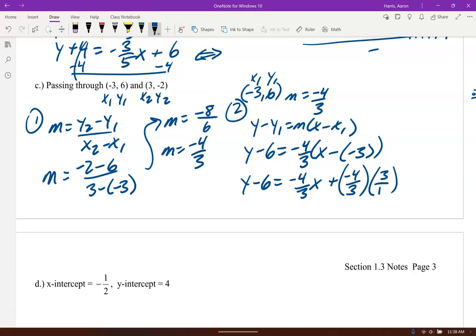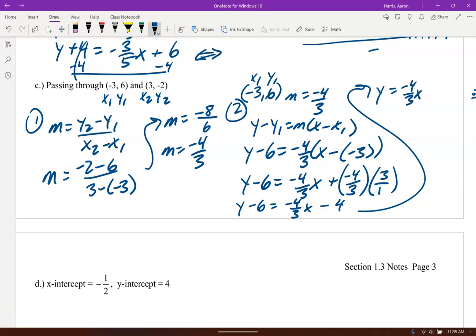So I got -12/3. So y minus 6 is -4/3 x minus 12/3, so -4, and then I add 6. Y equals -4/3 x minus 4 plus 6, so plus 2.